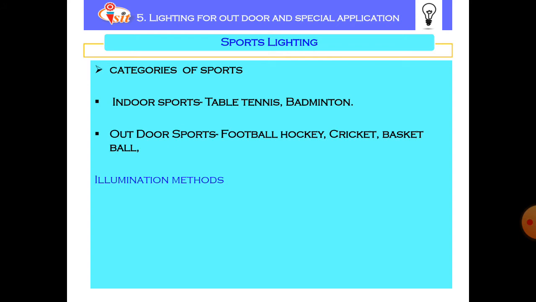Even for the same category, illumination levels may be different. Means for the indoor sports, the illumination levels are different for different games, as the events are played in an indoor ground.